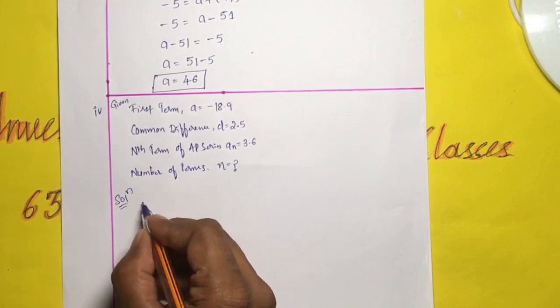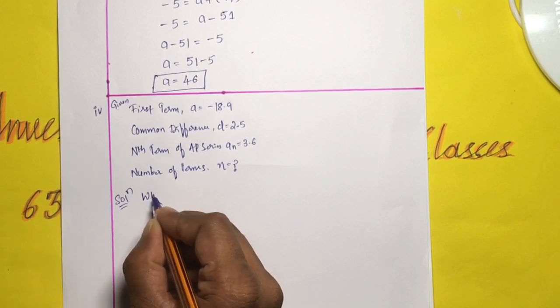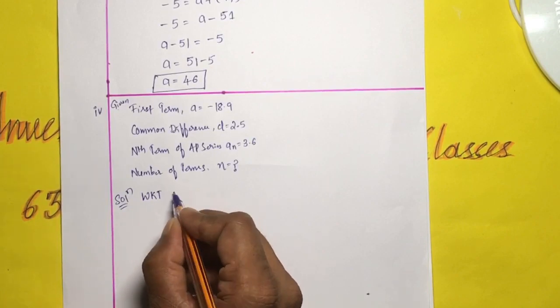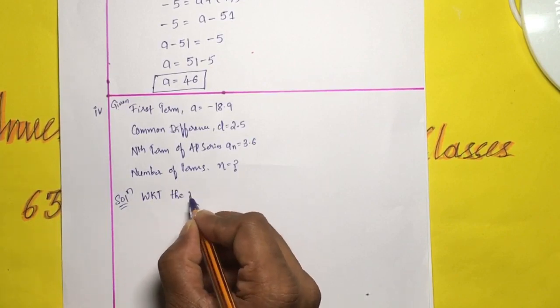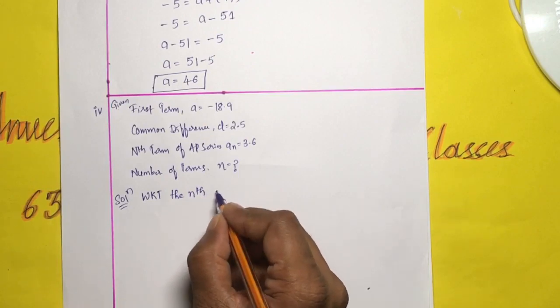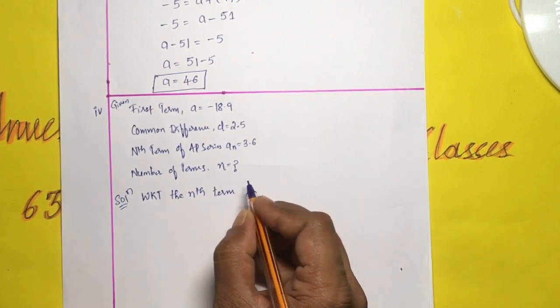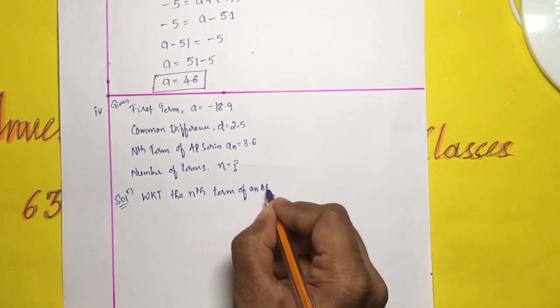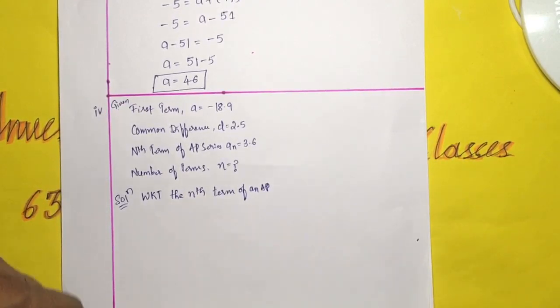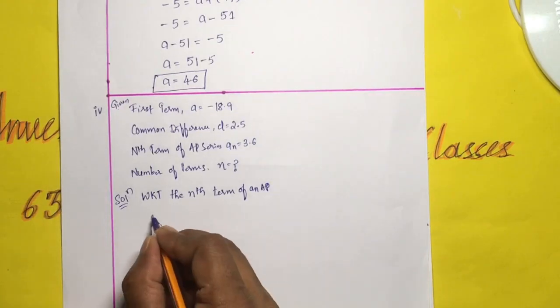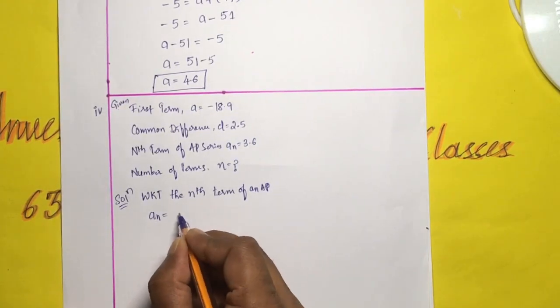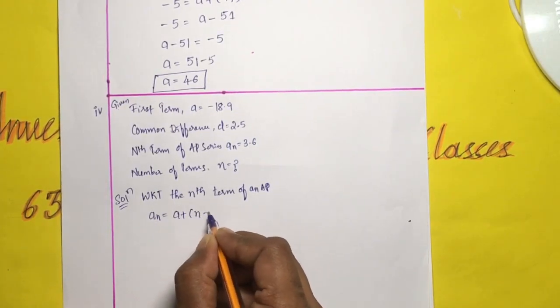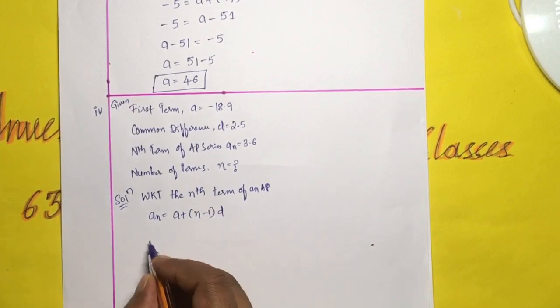Solution: we know that the nth term of an AP is an is equal to a plus n minus 1 into d.